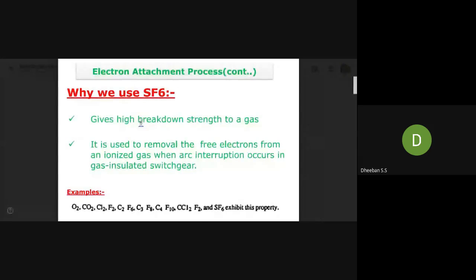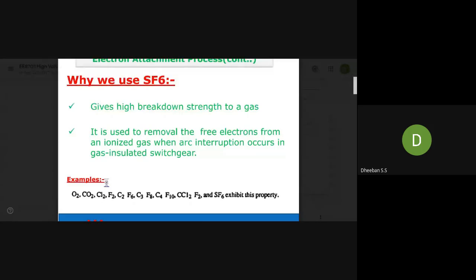It gives high breakdown strength to the gas. It is used to remove the free electrons from the ionized gas when arc interruption occurs. This concept we have already seen. The other highly electronegative gases are given as examples.